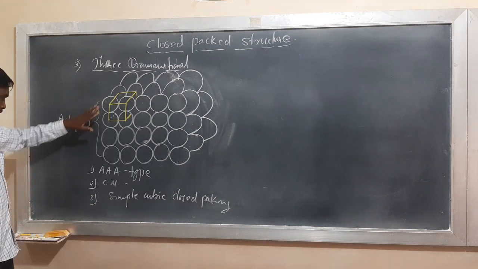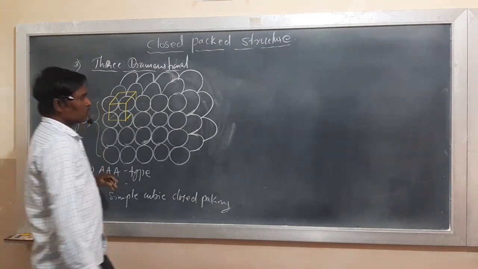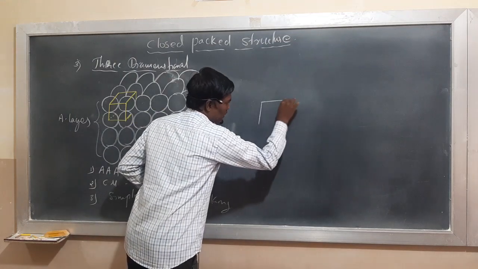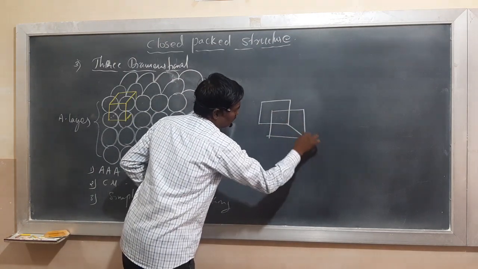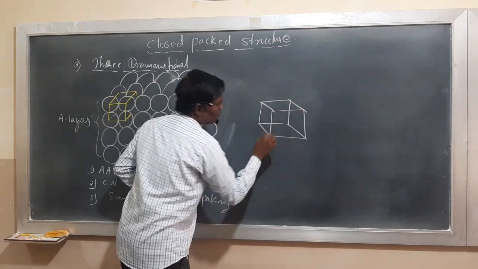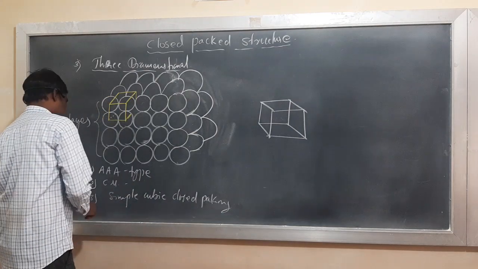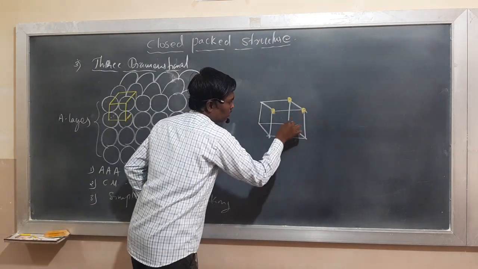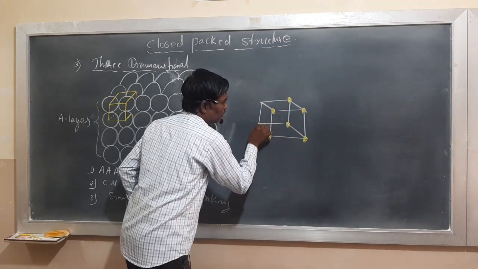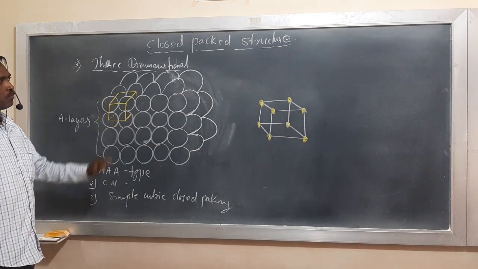And so, the coordination number. Since here the coordination number, let me show you the neighboring atoms to that particular atom. In simple cubic there are totally 8 particles. Let me take the 8 corner particles. These all are the corner particles, and they are in touch with each other.